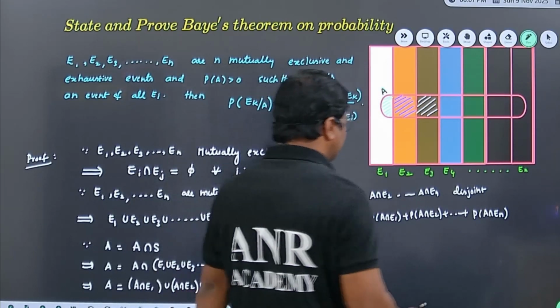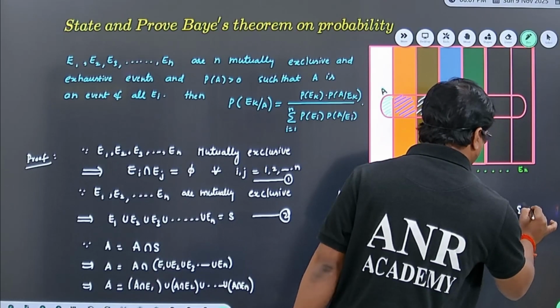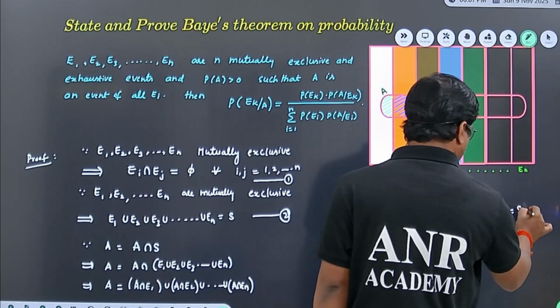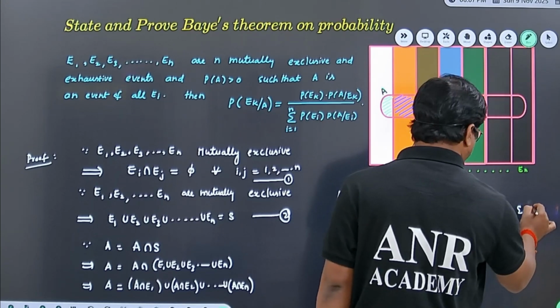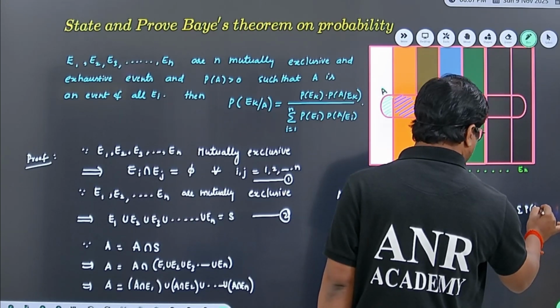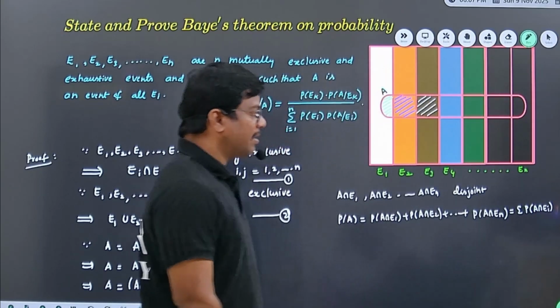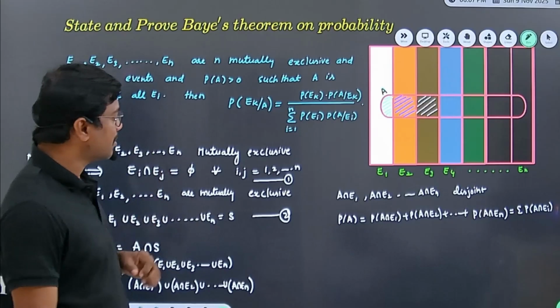You can simply write this as summation of probability of A intersection Ei.